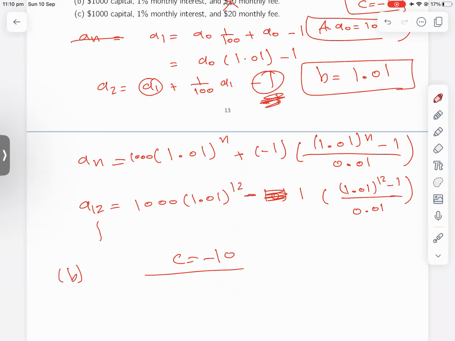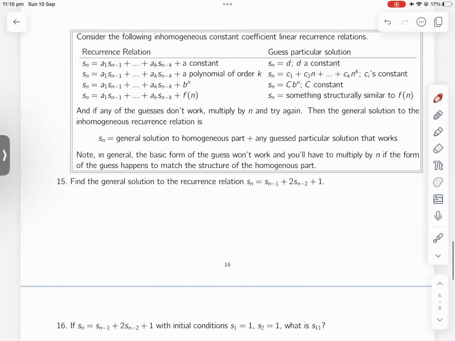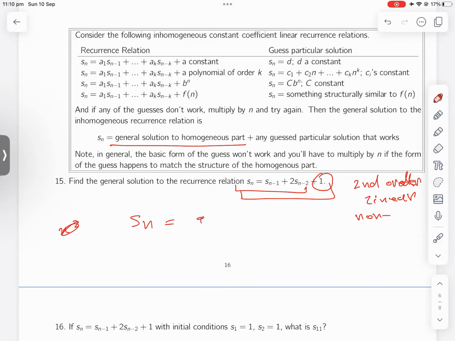All right, so we move to the other question now. Second order linear, but non-homogeneous because of this part. This can be written as Sn, general solution plus particular solution.